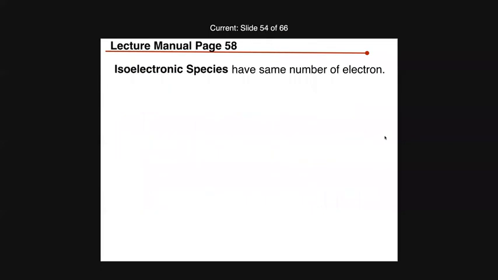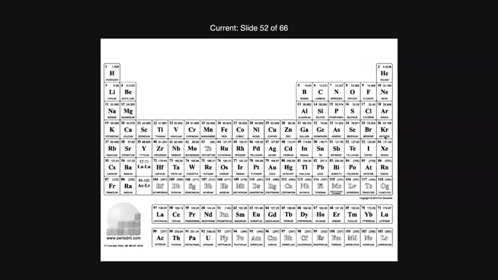Okay, so let me go back to the periodic table real quick to make that clearer. For example, if I look at nitrogen, right now it is neutral.